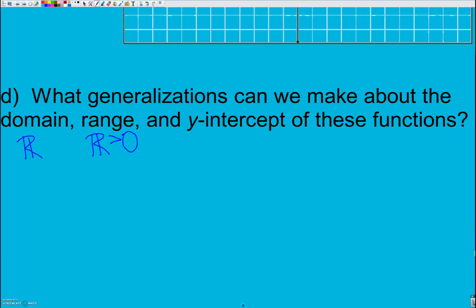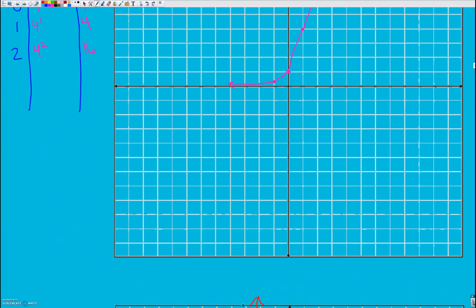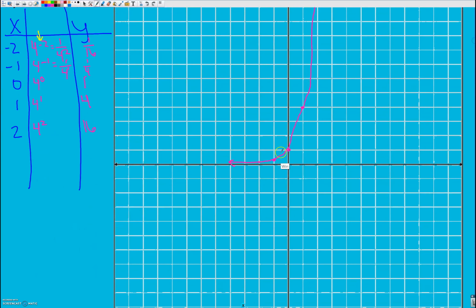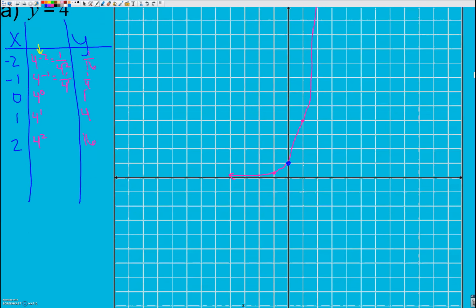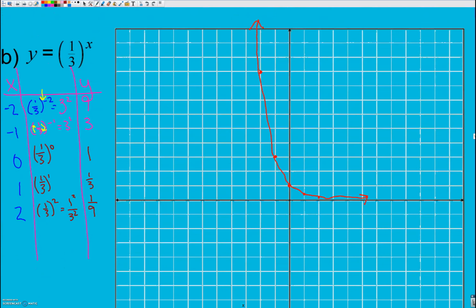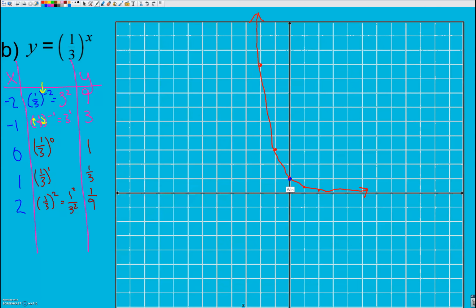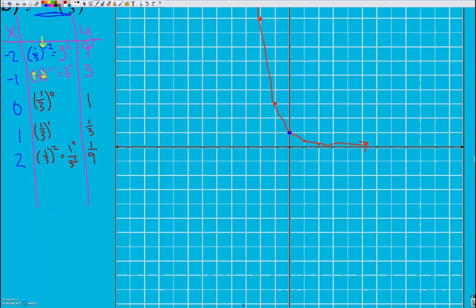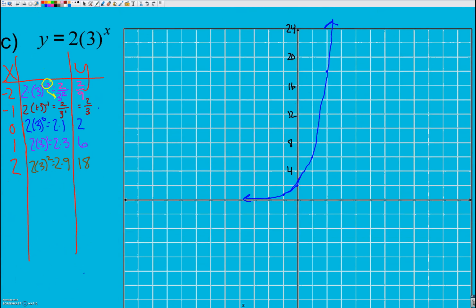Last thing is, let's look at our y-intercept. Our y-intercept is at 1 here. And there's our function. It is at 1 in b. And here's our function. And it is at 2 in c.